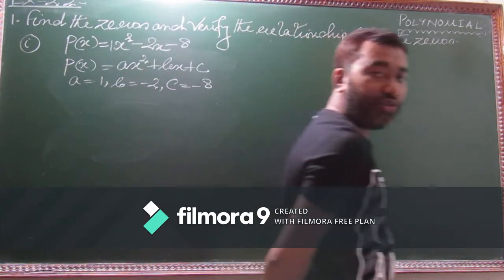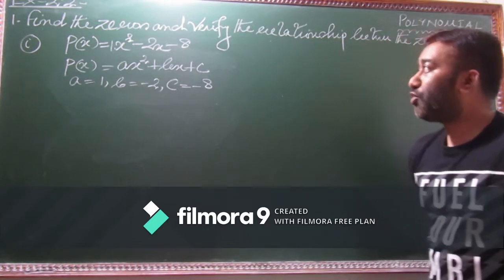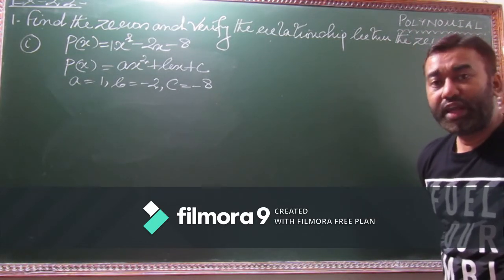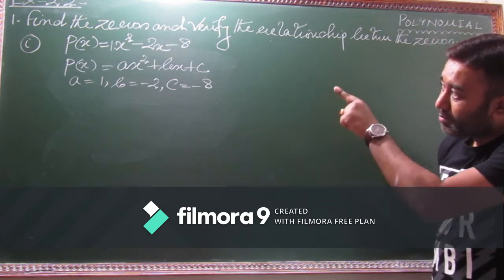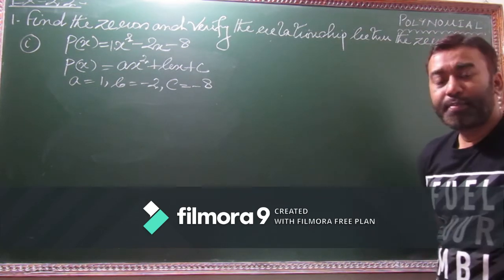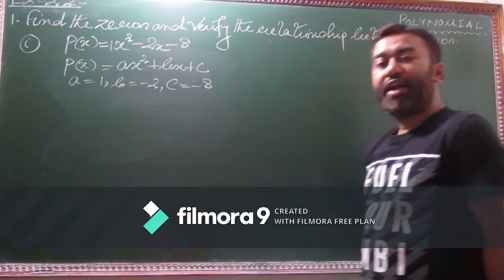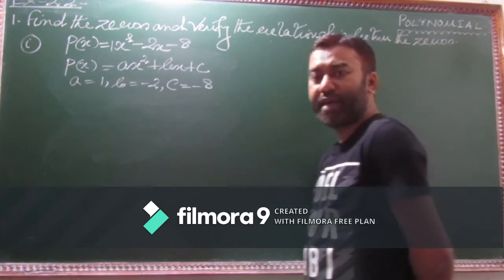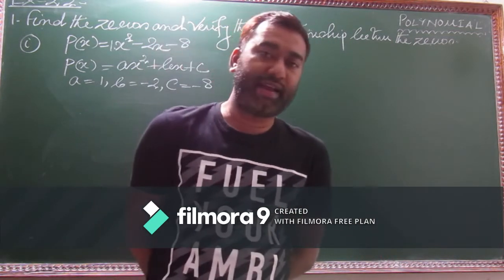To find the zeros, the only procedure is factorization. That means we need to find the factors of the polynomial x square minus 2x minus 8. For factorization, there are 4 procedures. The first is the first identity of the 8th class. The second is the second identity of the 8th class.